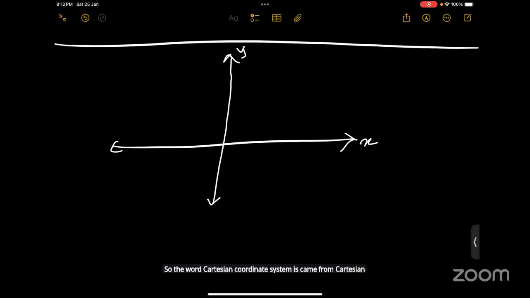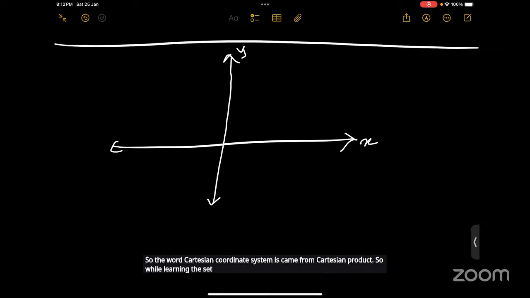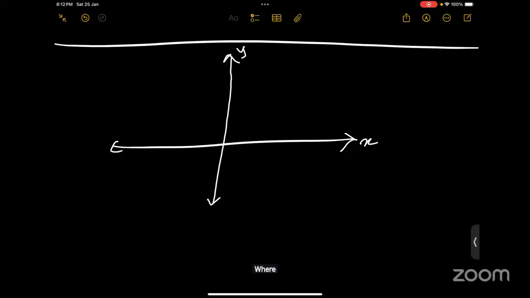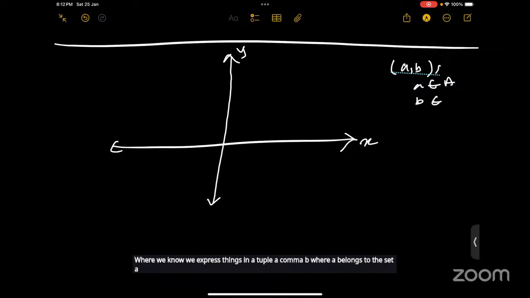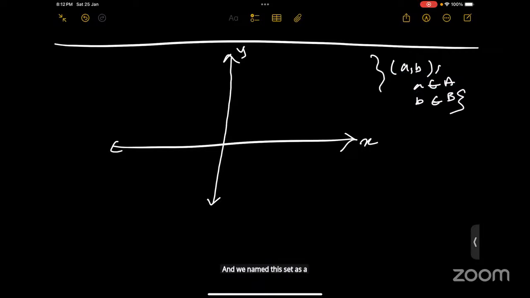While learning set theory, we learned about the Cartesian product, where we express things in a tuple (A, B), where A belongs to the set A and B belongs to the set B, right? And we named this set A cross B, the Cartesian product of A cross B, right?